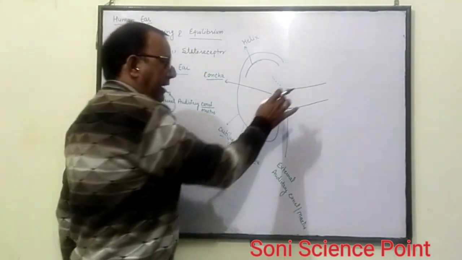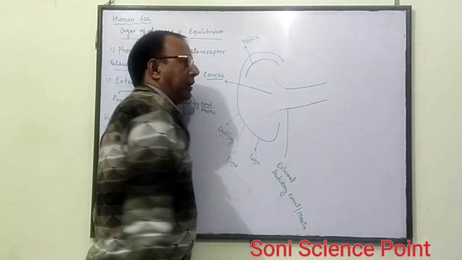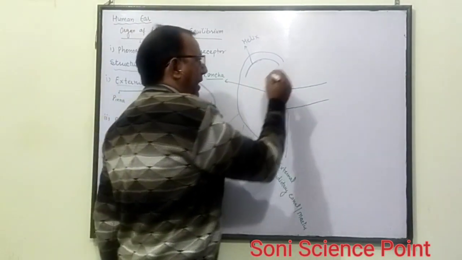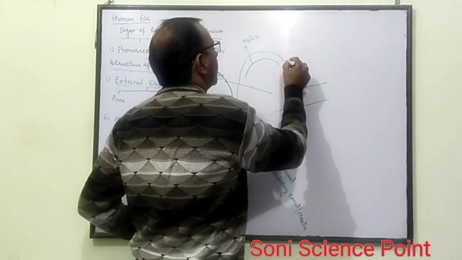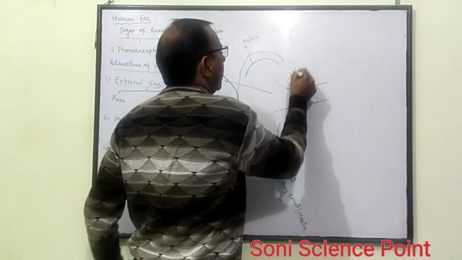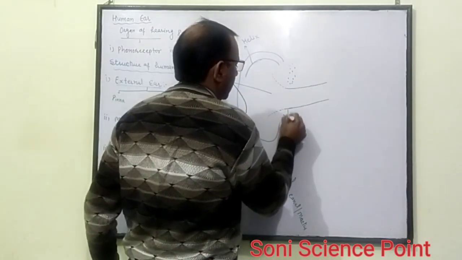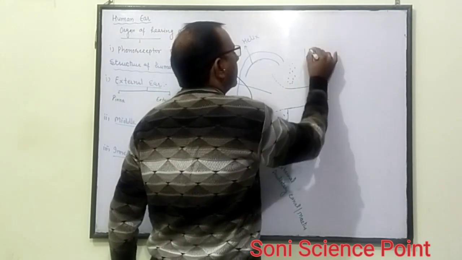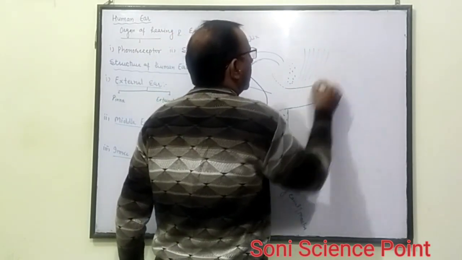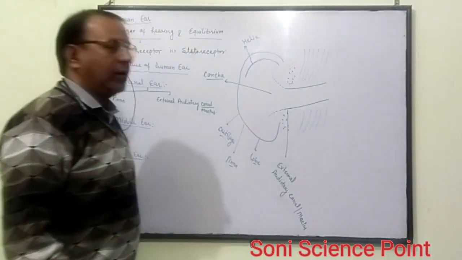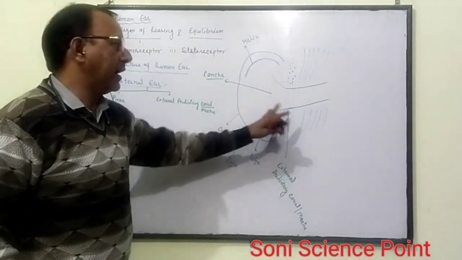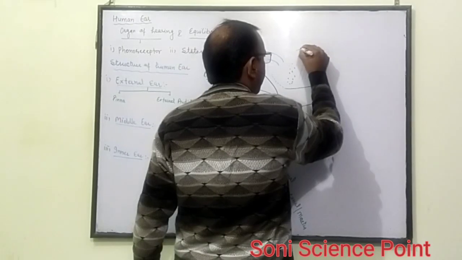This external auditory canal is protected by some cartilage as well as bone. The auditory canal is protected by cartilage and bones, and these bones are the temporal bone.